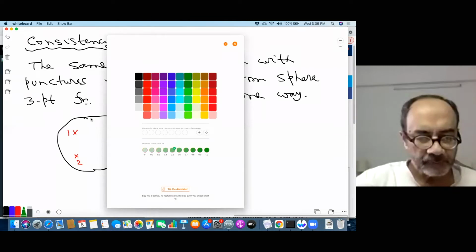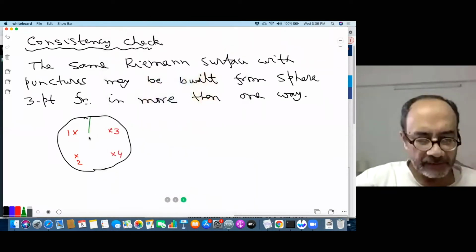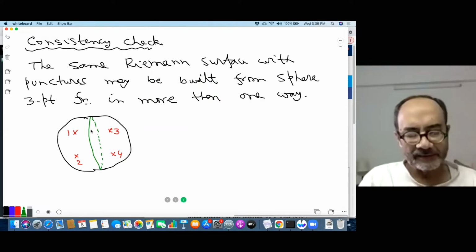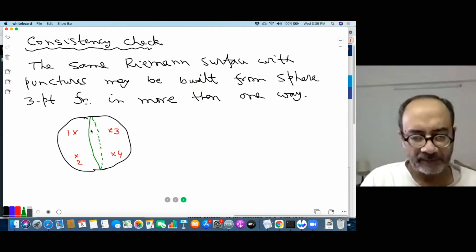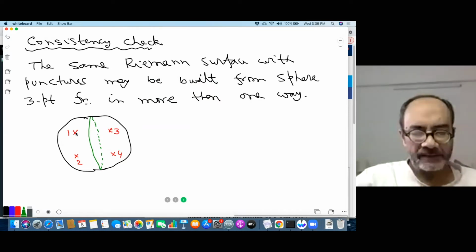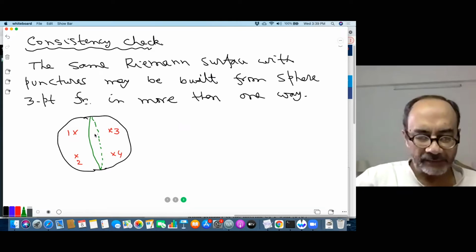One is that you can cut open a circle here. Think of this as the third puncture. So you are sewing a sphere with 1, 2, and a puncture that will be sewed, and 3, 4, and a puncture that will be sewed. So you can build the 4-point function that way.